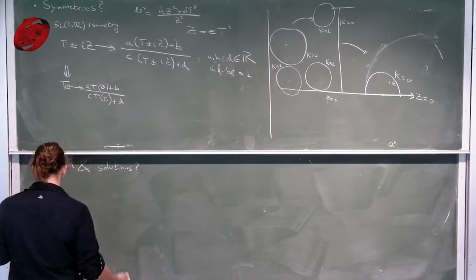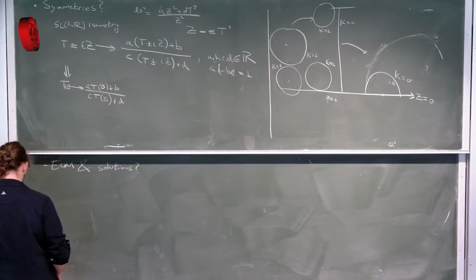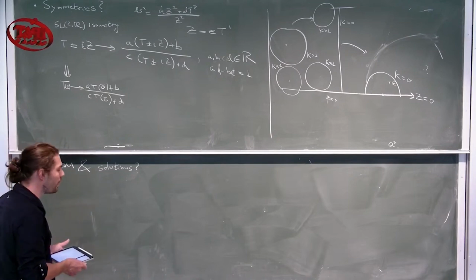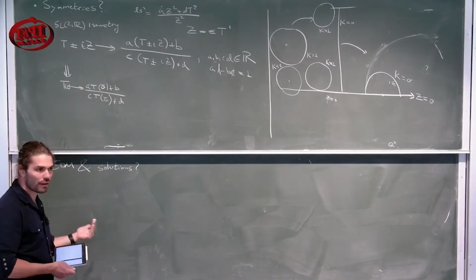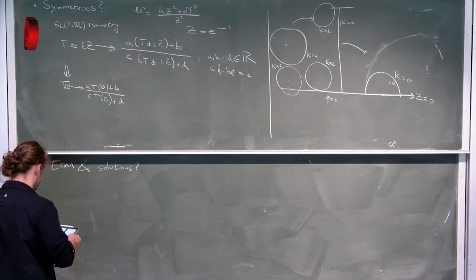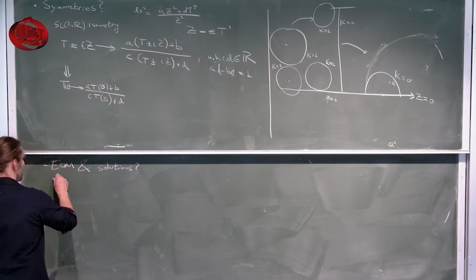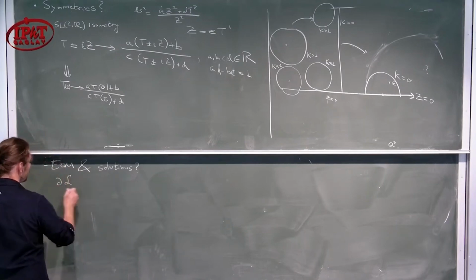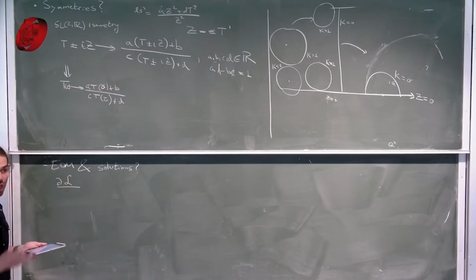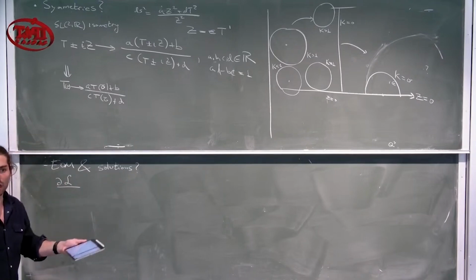Well, the Schwarzian action is a higher derivative action, so when we vary the action, we have to be careful because the Euler-Lagrange equations change in the presence of higher derivative terms. You could look up in Landau.